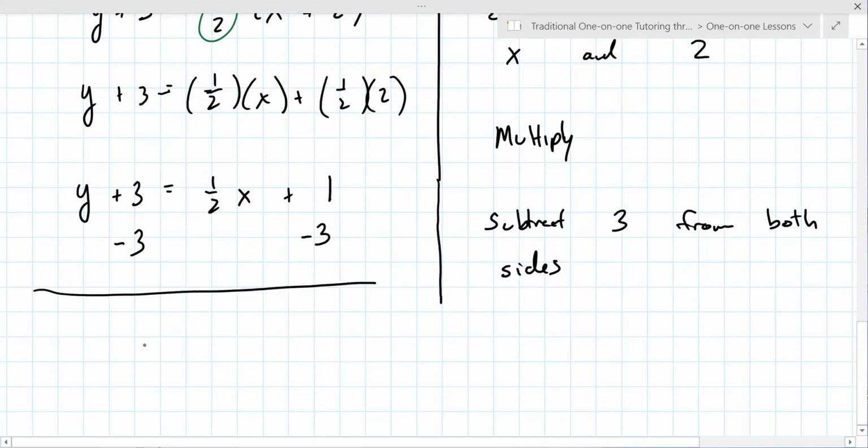So this becomes 1/2 x minus 2. One minus 3 is minus 2.